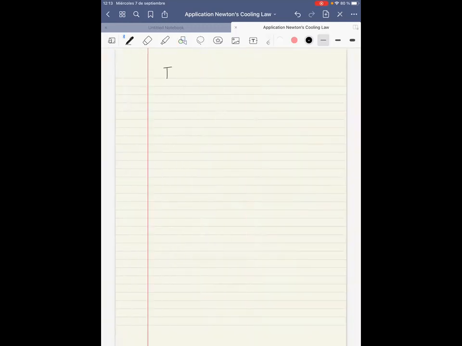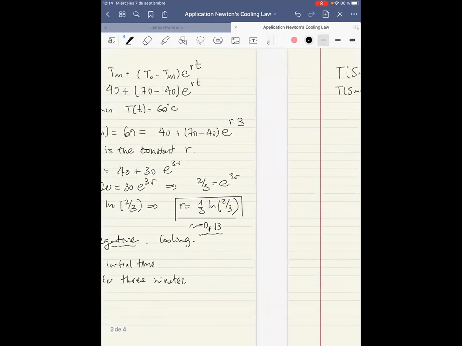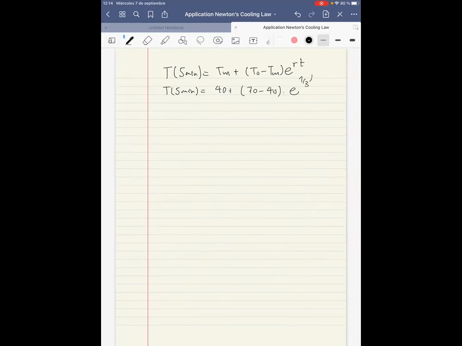So basically, it's asking us to compute the temperature at 5 minutes, given the initial temperature, the temperature of the surrounding background, T0 minus Tm, and the exponential of RT. So the temperature is 40 plus the difference between the initial temperature, 70, and 40, times the exponential of R, which is 1/3 of this logarithm, times t, which is 5 in this case.